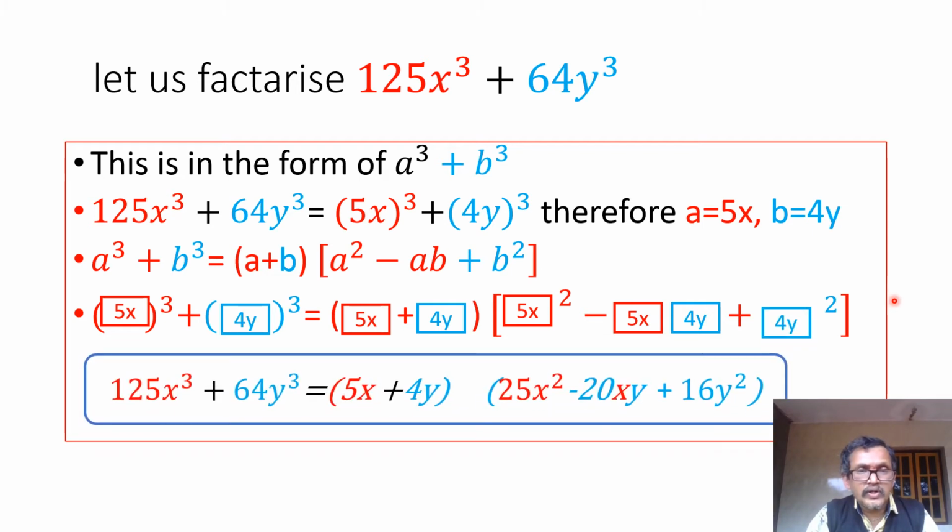Therefore 125x cube plus 64y cube equals 5x plus 4y into 25x squared minus 20xy plus 16y squared.